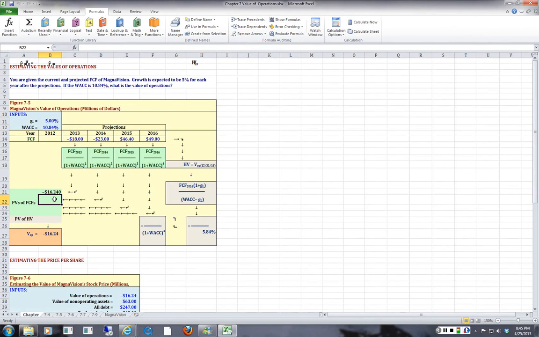Now the second year we are going to enter and bring that down. It's a minus 23 divided by 1.1084 to the second power, and that should get us to minus 18.721.